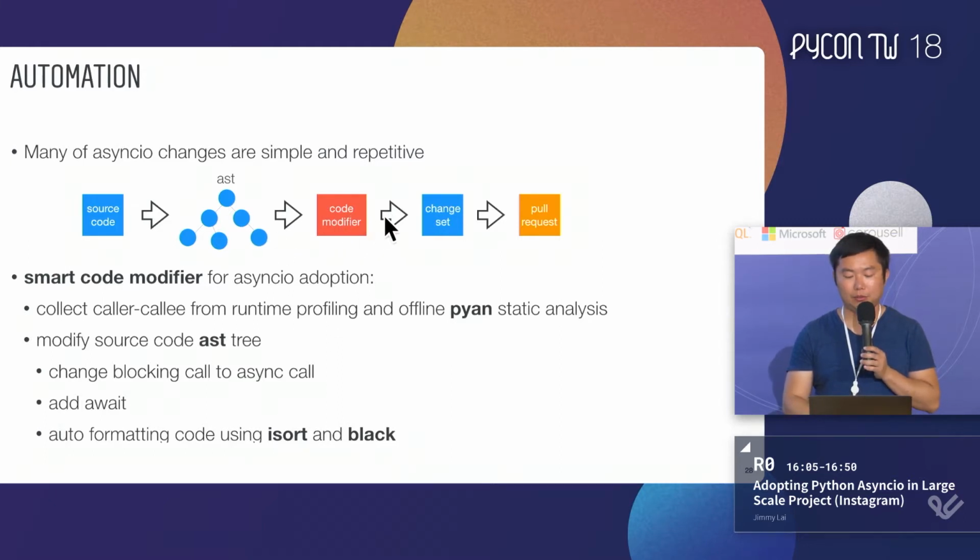And then we use Astor, an open source library, to convert the AST to source code. And then we create a pull request and wait for code review. And after that, we can submit it. And for the code modifier, we do automatic code formatting using isort and Black libraries.